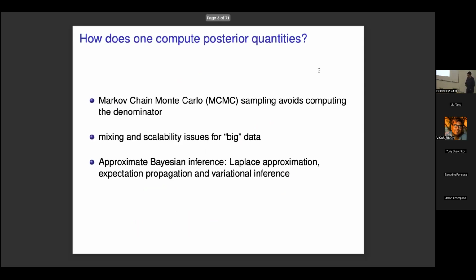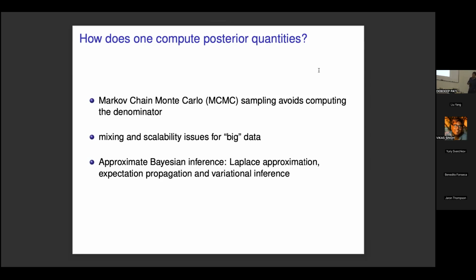Okay. So of course, Markov chain Monte Carlo has been coming to our rescue for the last 30, 40 years or so that can actually avoid computing the denominator and still generate samples from the posterior distribution.